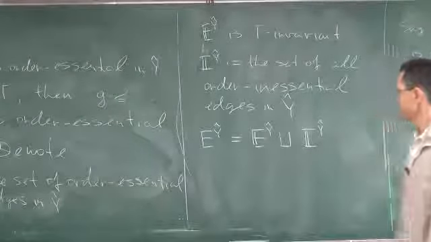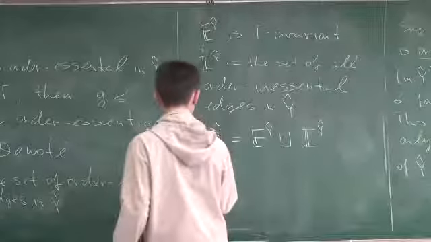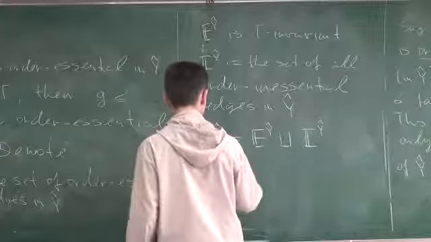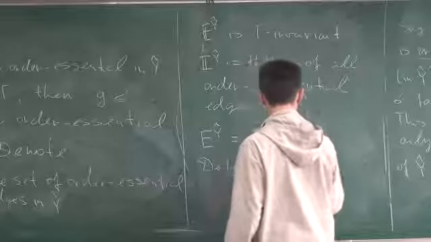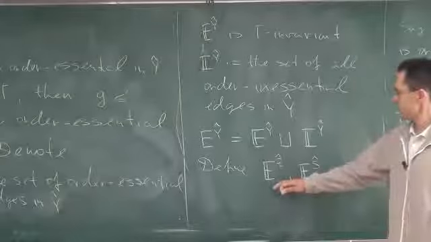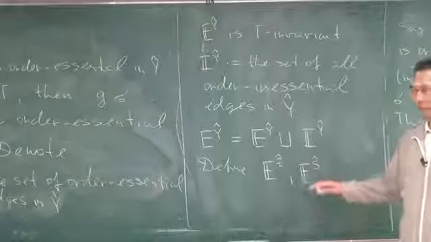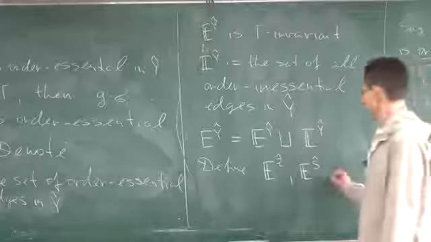It's the complement. And we can do the same thing, so define E z hat, E s hat. So the set of order essential edges in z hat, the set of order essential edges in s hat, in exactly the same way, similarly.